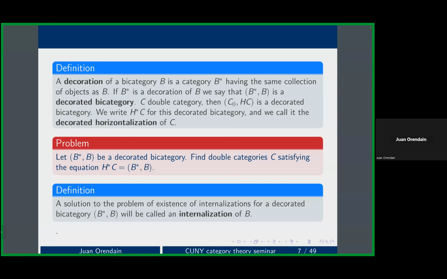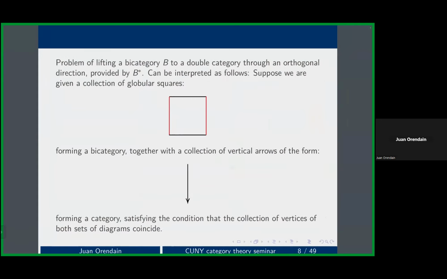Internalization in the sense that double categories are categories internal to Cat and bicategories are enriched over Cat. So what I'm asking here is, suppose you have a bicategory B, so a collection of globular squares like this, and suppose you have a collection of vertical arrows, where the vertices of the vertical arrows and the squares are the same.